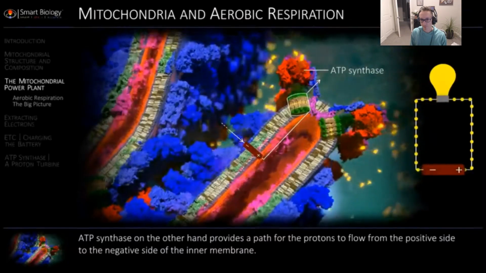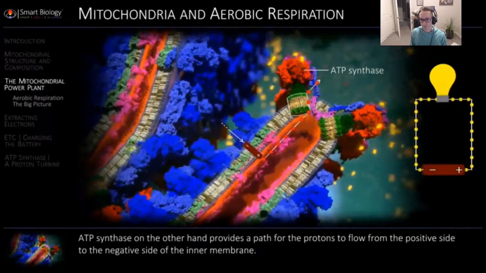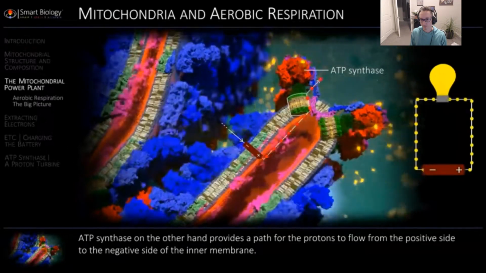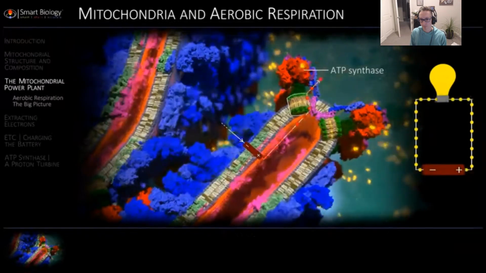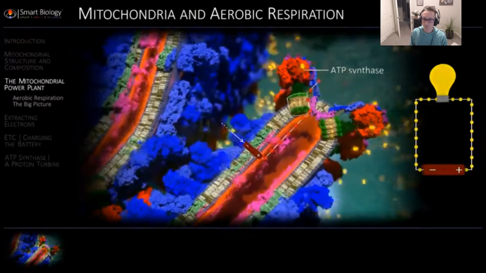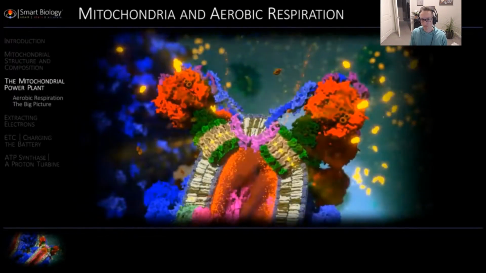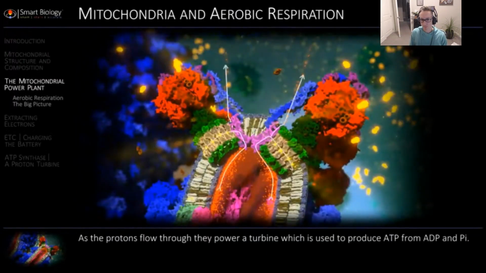ATP synthase, on the other hand, provides a path for the protons to flow from the positive side to the negative side of the inner membrane. That's electrical energy. Chemical, electrical, to mechanical, to chemical. As the protons flow through, they power a turbine, which is used to produce ATP from ADP and Pi.